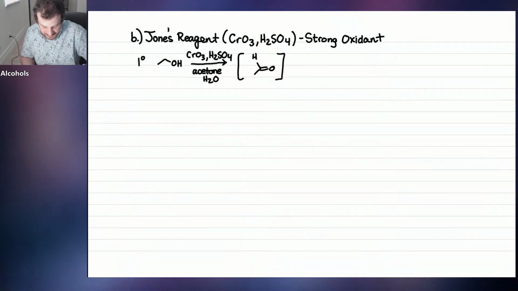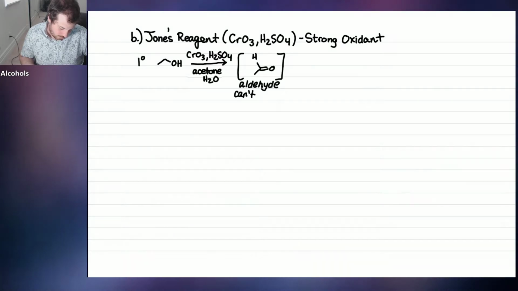So just like PCC, it makes the aldehyde, but it can't stop there. So although it makes an aldehyde, it continues reacting with the aldehyde to turn it into the carboxylic acid.